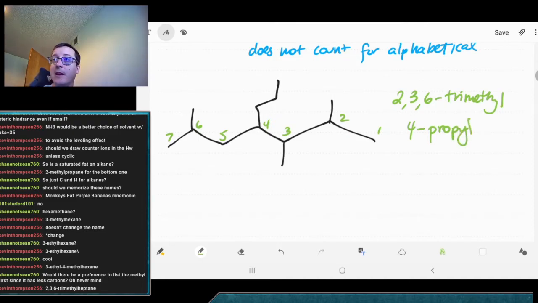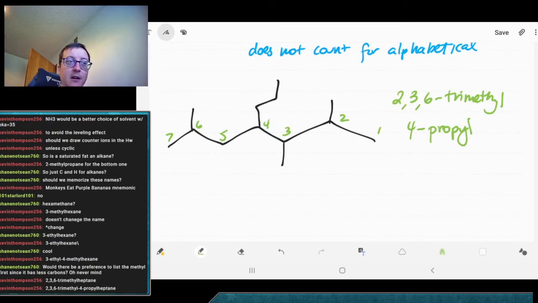Once we list all of our substituents out, we can then look at them alphabetically and stick them onto our name. So we see here we have methyl. Remember, tri does not count for alphabet, or di or whatever. None of those will count. Prefixes do not count for alphabets, like di, tri, tetra, penta, all those sort of things.